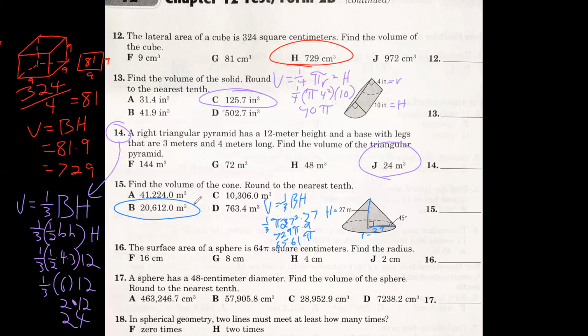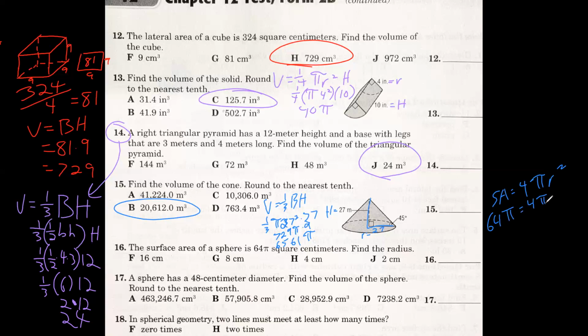Number 16, the surface area of a sphere is 64 pi centimeters. Find the radius. All right, so for the sphere, our formula is going to be 4 pi r squared. They gave us the surface area is 64 pi.